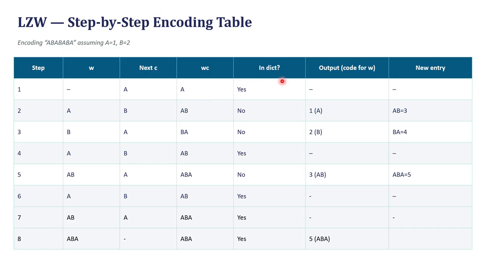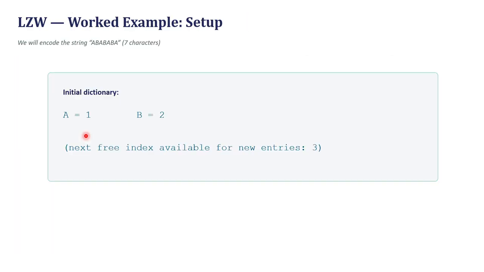If it is there in the dictionary, only reset W to WC. But if it is not there in the dictionary, three steps are to be done. First step is the code output. This becomes my output string 1, 2, 3, and 5. So output the code, add the new entry, and then my C value becomes the new W value.